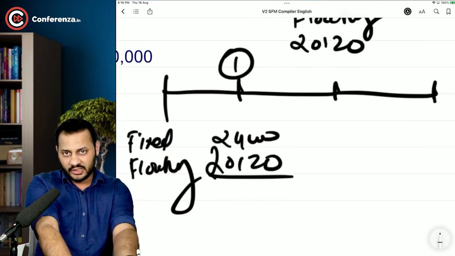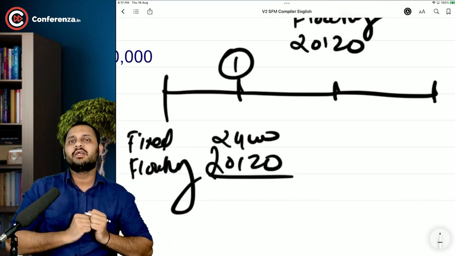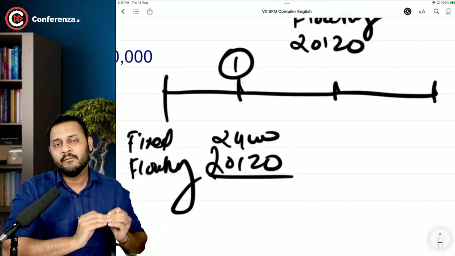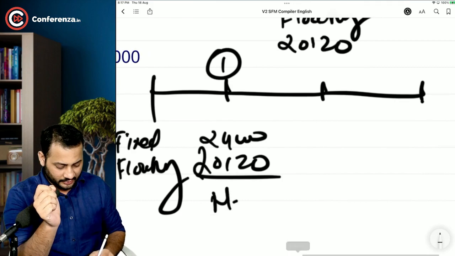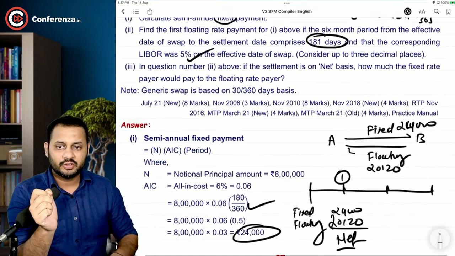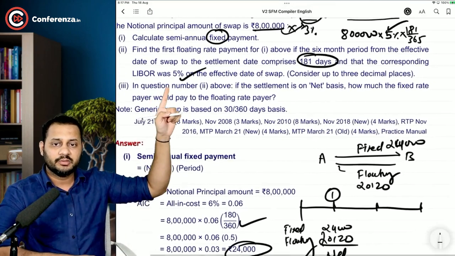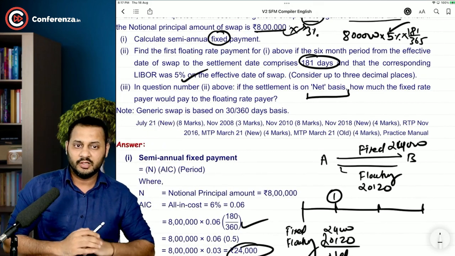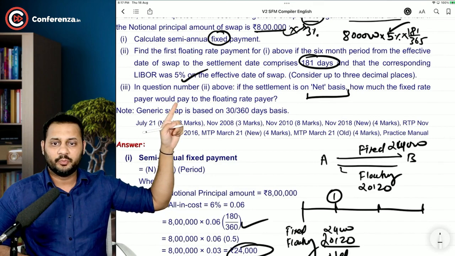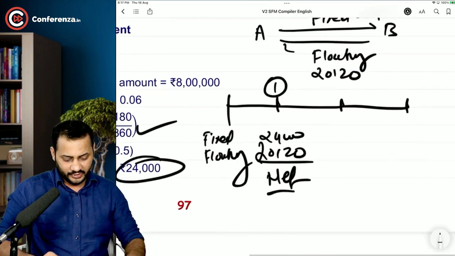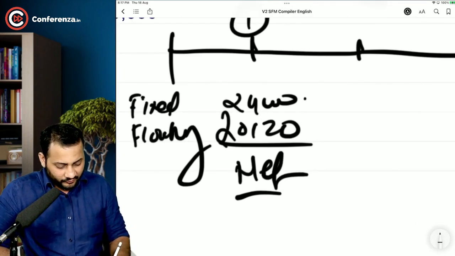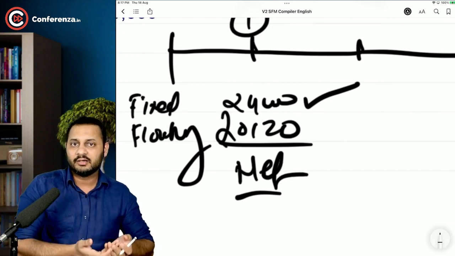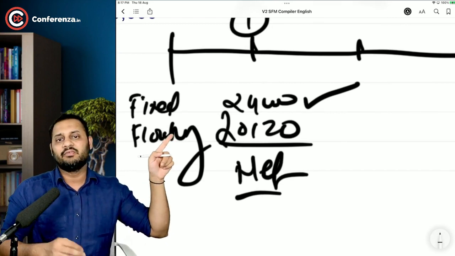Instead of paying 24,000 and then receiving 20,120, what is the practical method to settle in net? So that's what the question is asking you. In the question above, if the settlement is on net basis, how much would the fixed rate payer pay to the floating rate payer? You can easily say that the fixed rate payer is having a higher amount for payment than receiving.